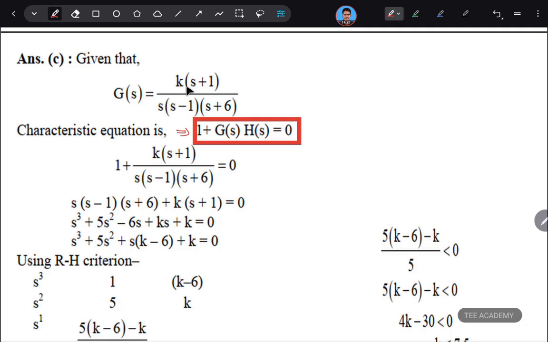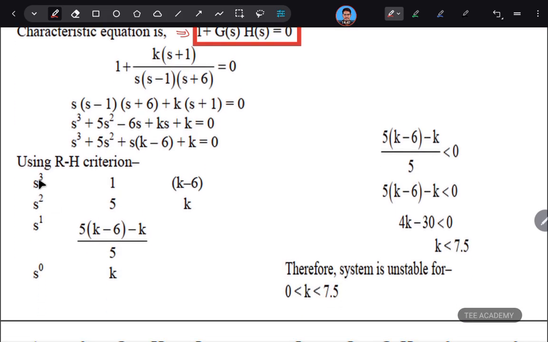Substituting these values, 1 plus k into s plus 1 divided by s into s minus 1 into s plus 6. Simplifying this, we get the equation: s cube plus 5s square plus s into k minus 6 plus k is equal to 0. This is what we got from the characteristic equation. Now by using the RH criteria, I'm following here. First I will take s cube.